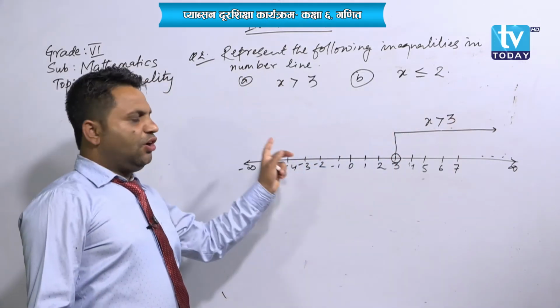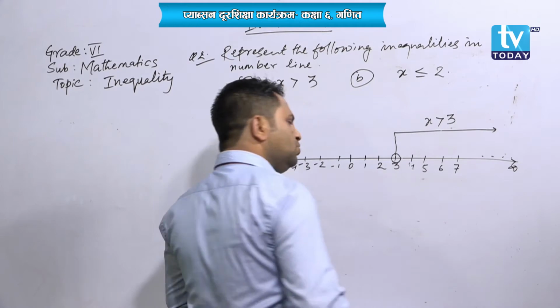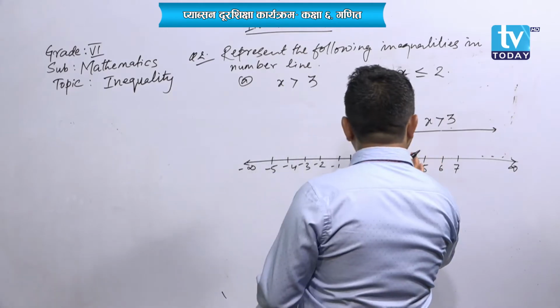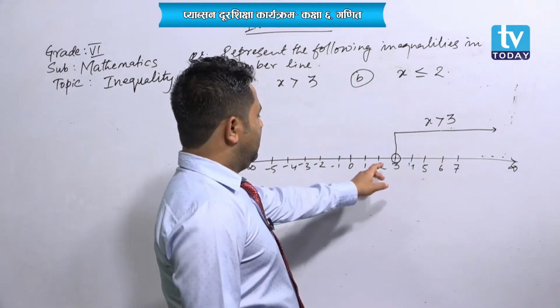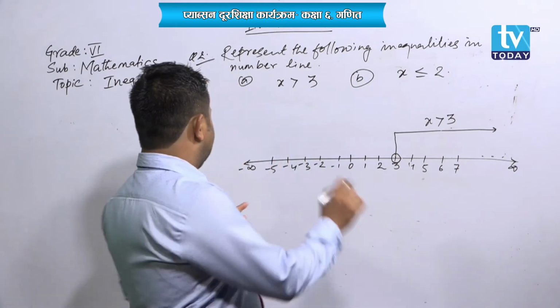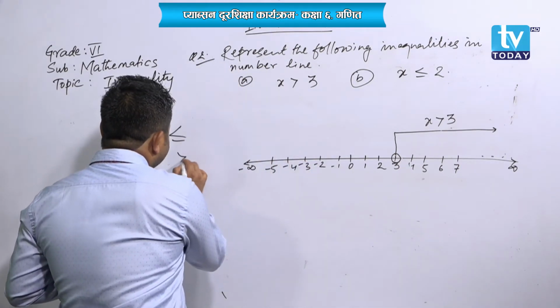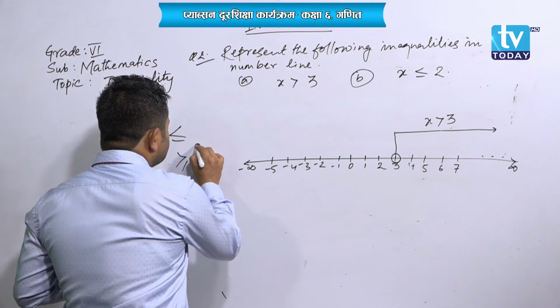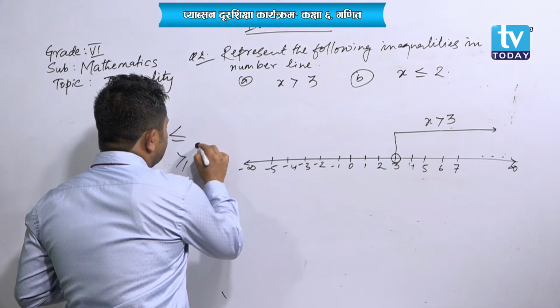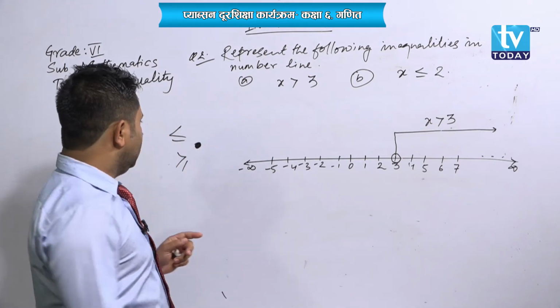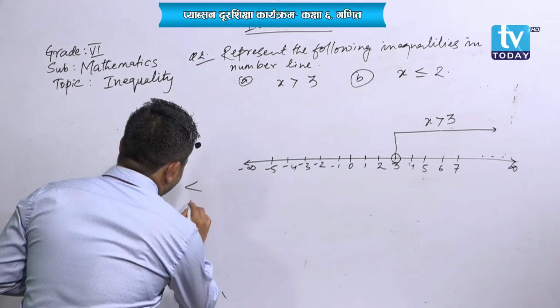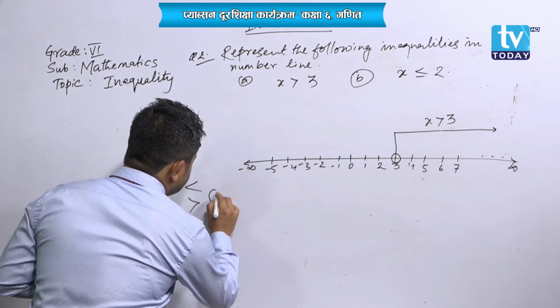In greater than or less than, we have to use an empty circle. Understood? In less than or equal to or greater than or equal to, we have to use a dark circle. Is that clear?